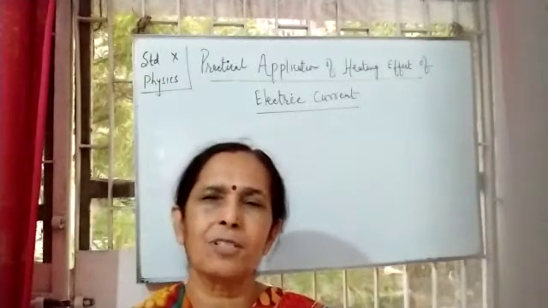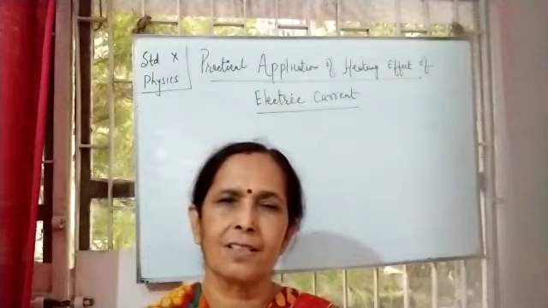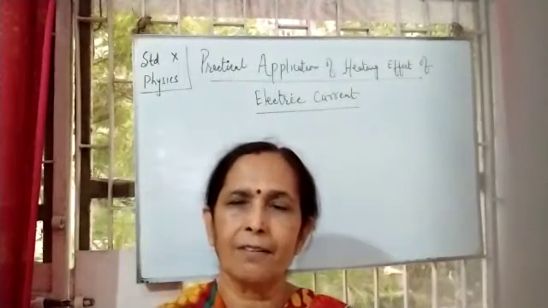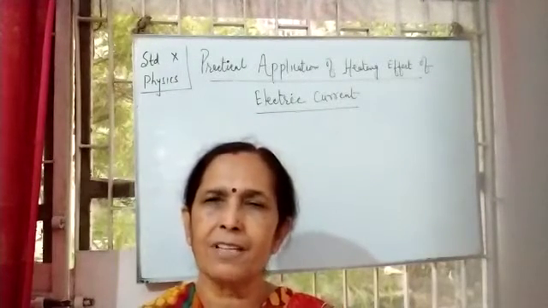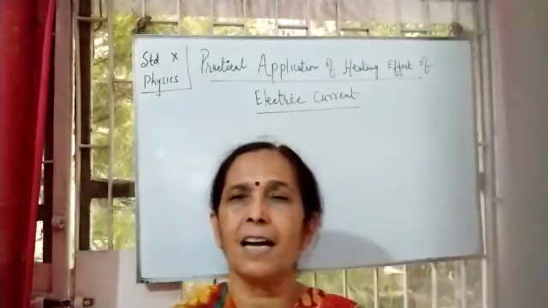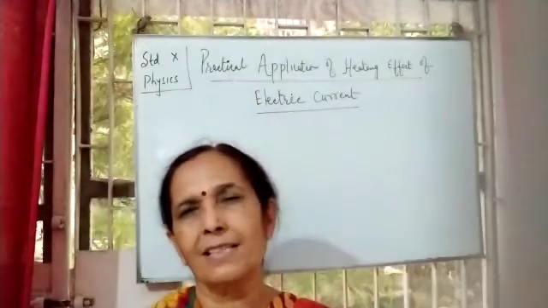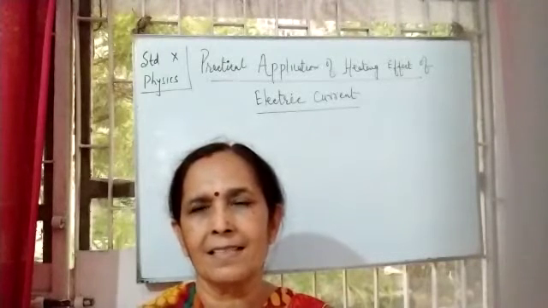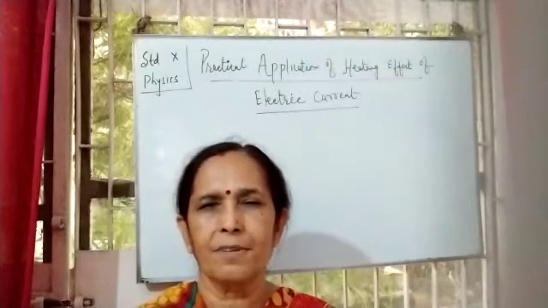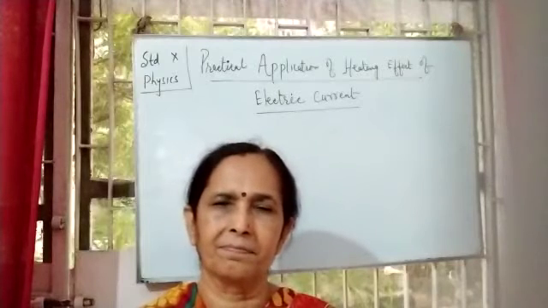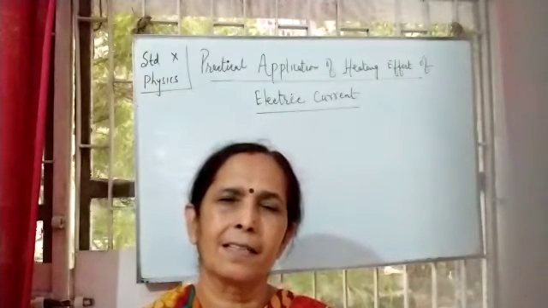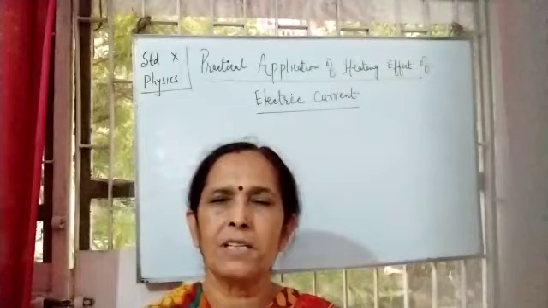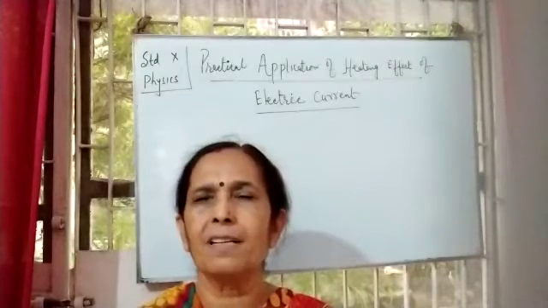Tungsten also has some special properties because of which it is used for making the filament. The first very important property is that it has a very high melting point of 3380 degrees centigrade. Secondly, it is very flexible. Thirdly, its rate of evaporation is very low even at high temperature.